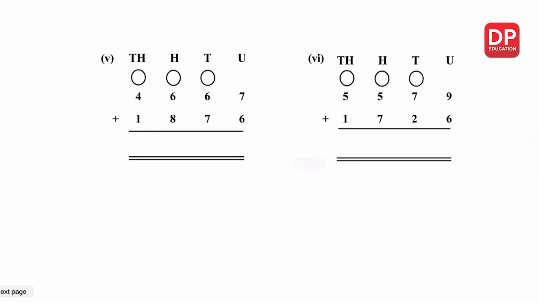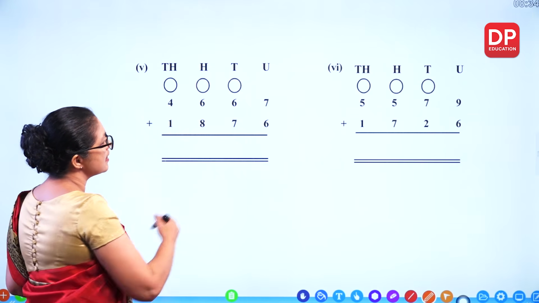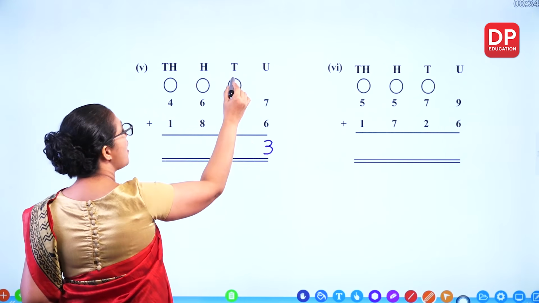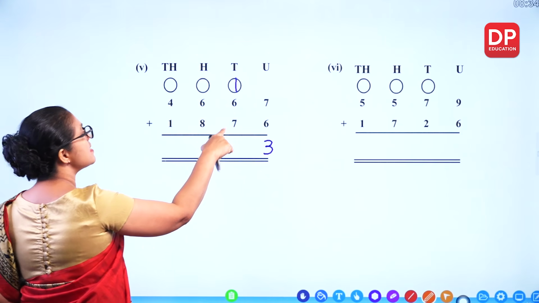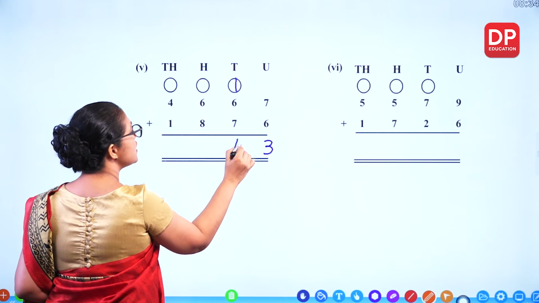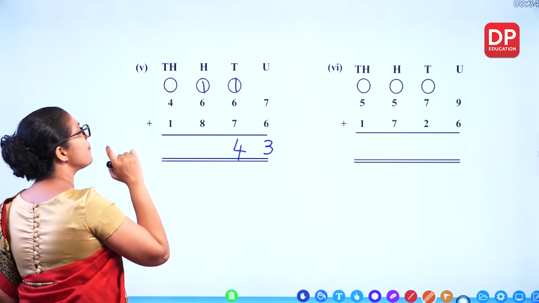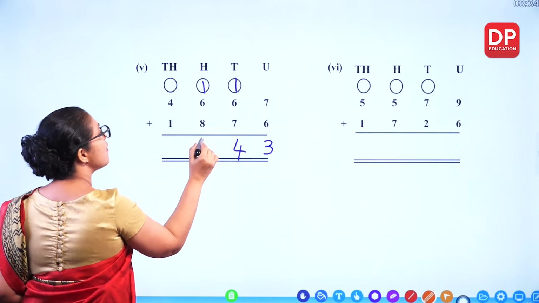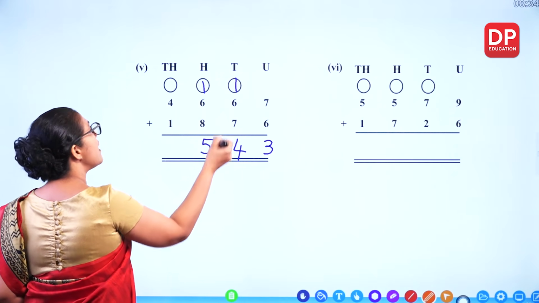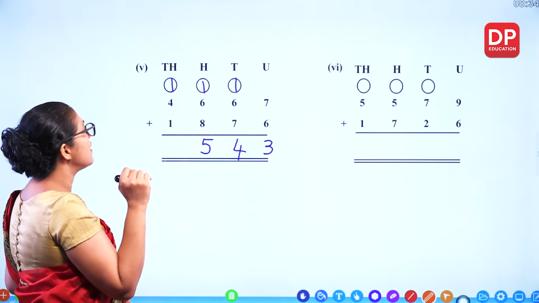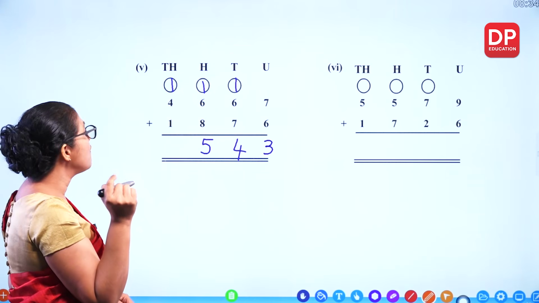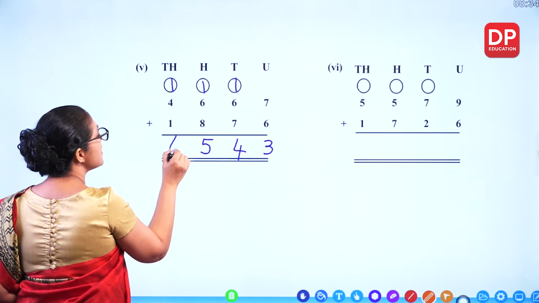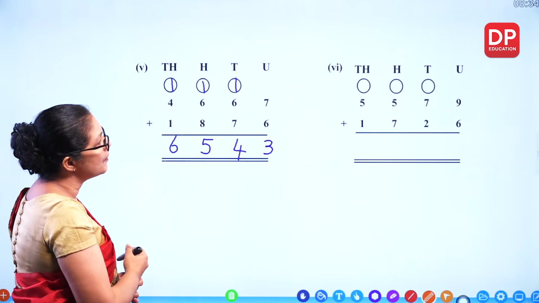Again addition. 7 plus 6, 13. Take 1 here. 7 plus 6, 13. 13 plus 1, 14. Then take 1 there. 8 plus 6, 14. 14 plus 1, 15. So you put 5 and take 1 to the next level. 4 plus 1, 5. 5 plus 1, 6. Again this one.